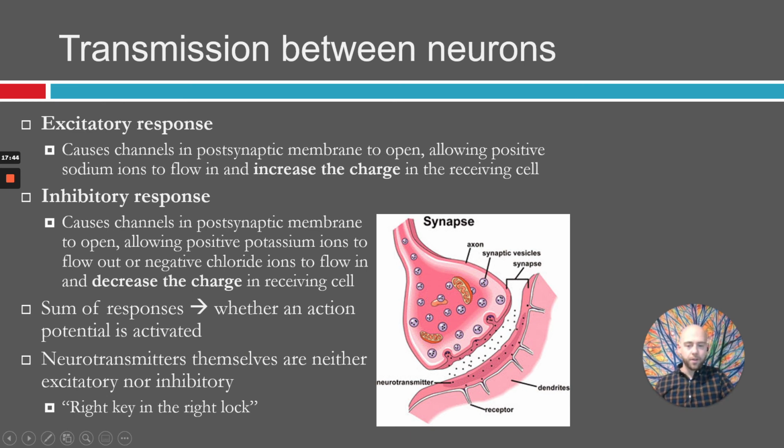Again, you need to think about the right key to the right lock here. So a serotonin molecule, again, a type of neurotransmitter, in some receptors, it's going to be excitatory, and in some receptors, it's going to be inhibitory. It just depends on the combination of these receptors and neurotransmitters.